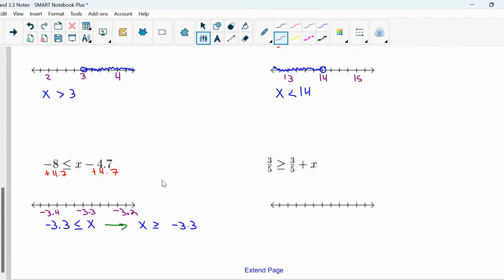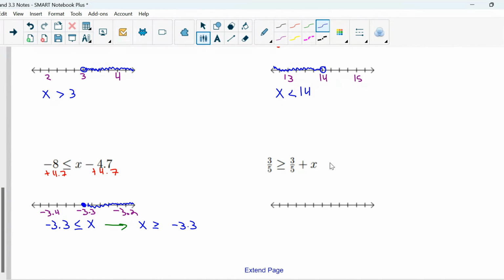It doesn't matter as long as your values have a similar scale and they are higher and lower than the point you're given. So now that our variable is on the left side, let's shade the direction that our inequality is facing. So we will need a closed point on negative 3.3 because of our equal to symbol, and we will shade to the right side.